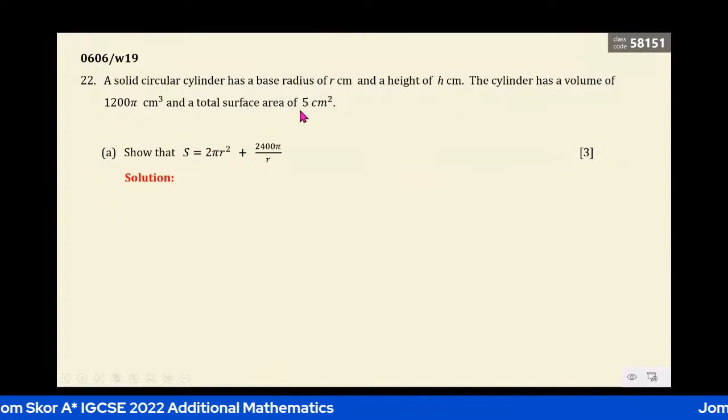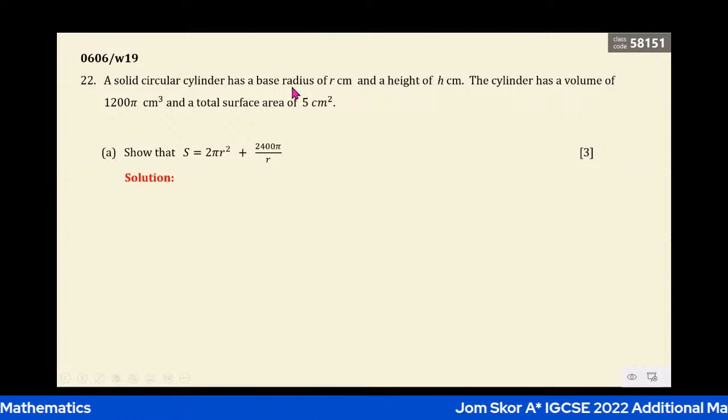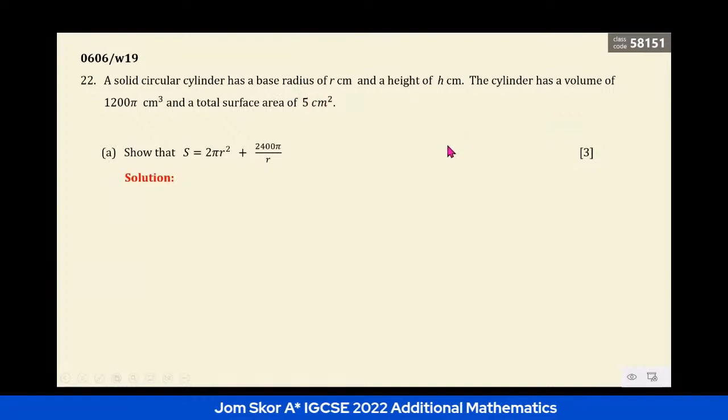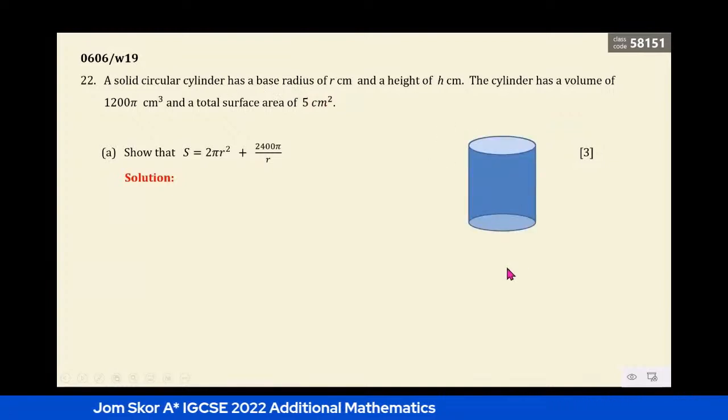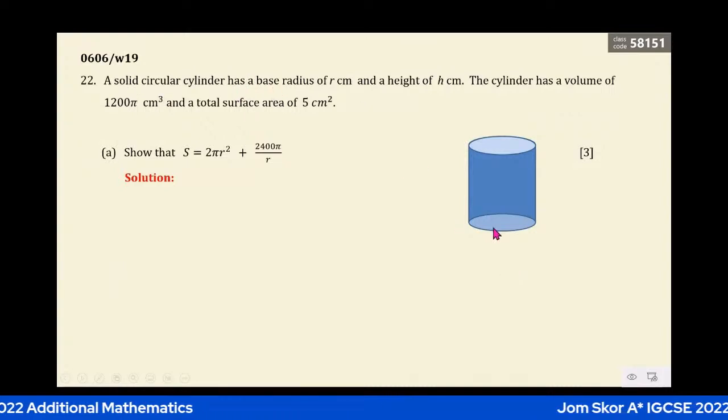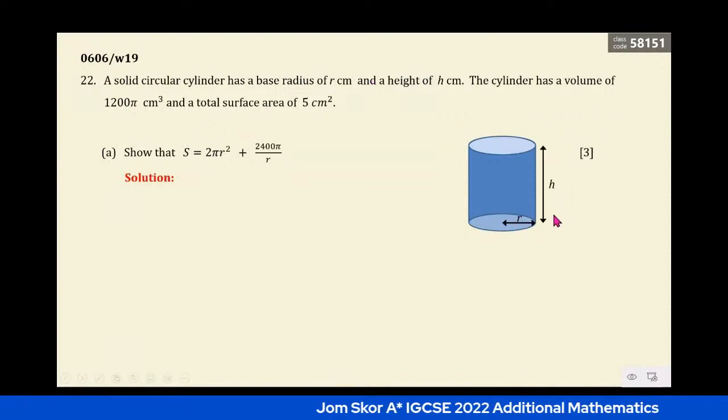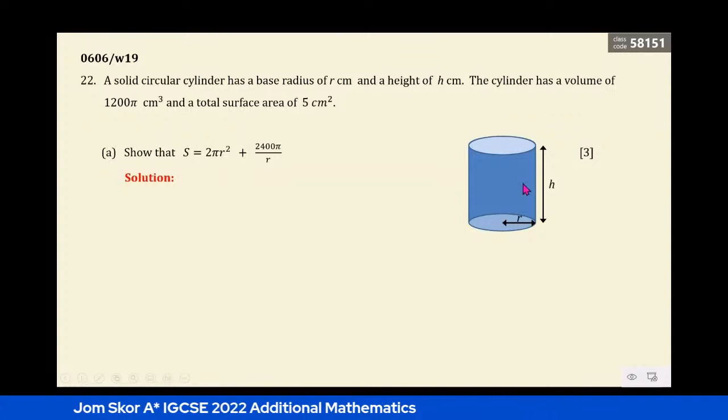Okay. Let us imagine the cylinder. How does the cylinder look like? So we just sketch a cylinder here. Radius is r. And then height is h. Okay. Alright. How do you find the surface area?